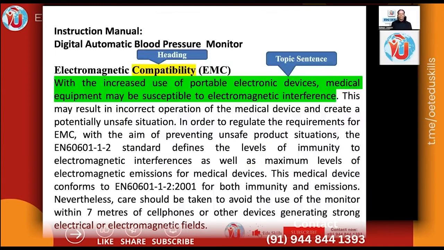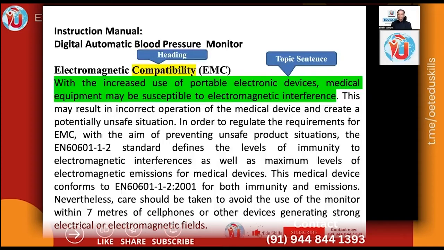Instruction manual, digital automatic blood pressure monitor, electromagnetic compatibility. With the increased use of portable electronic devices, medical equipment may be susceptible to electromagnetic interferences. This may result in incorrect operation of the medical device and create a potentially unsafe situation.